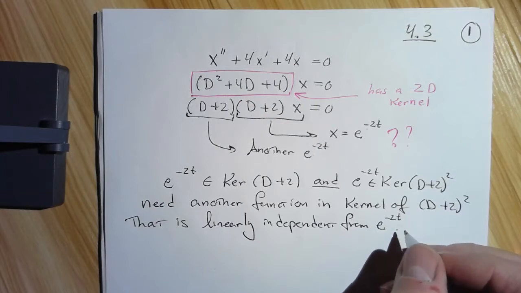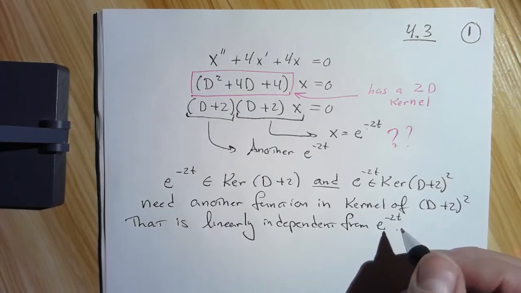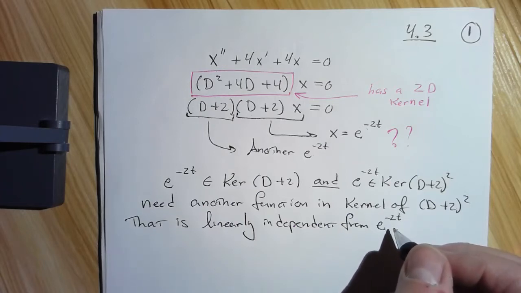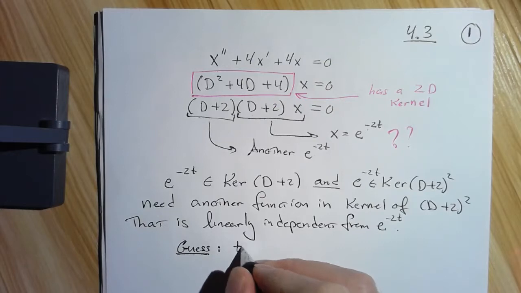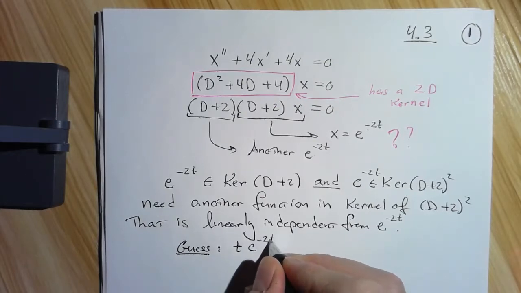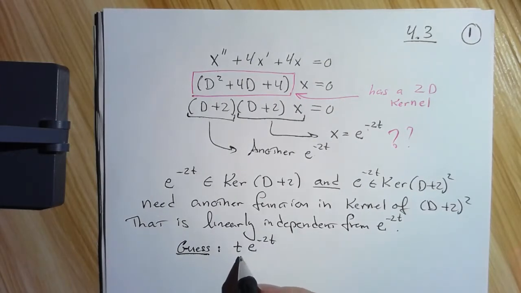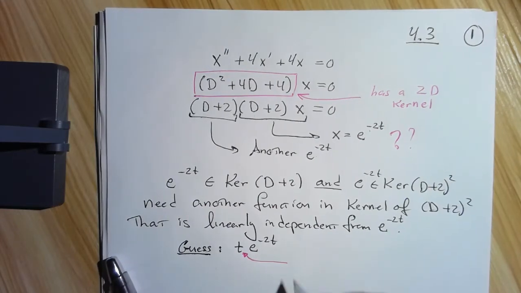And so I'm going to try something that's really similar to this, though. And it's as similar as I can possibly get while still being linearly independent. Guess. t e to the minus 2t. So why is this as similar as it gets? Well, think about it.